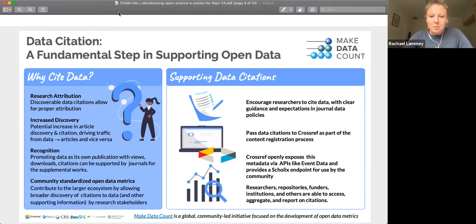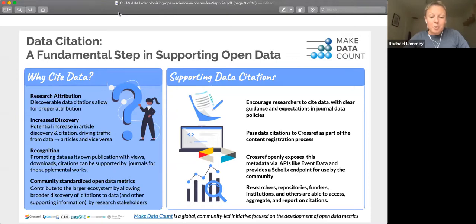In terms of how to support this, from the publisher side, baking it into your journal policies and publication workflows. There are some RDA groups that are making good recommendations around this. It's encouraging researchers to cite data with clear guidelines and expectations in journal data policies, and passing that information to Crossref as part of the content registration process.